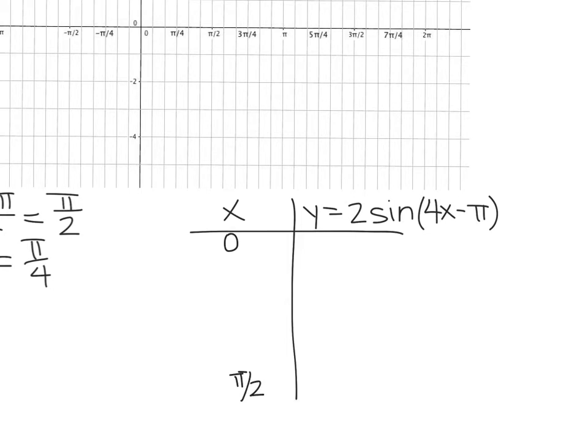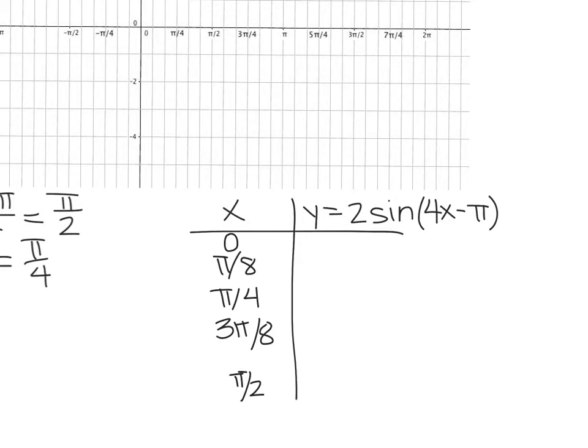So now we have to figure out what angles we're going to pick between 0 and pi over 2. The easiest way is just to take our period and split it evenly over 4 points. So take pi over 2 and divide it by 4. That would mean going up by a scale of pi over 8. So I'm going to put pi over 8, then pi over 4, then 3 pi over 8. And these are going to be the angles we plug in for x to figure out our y values.